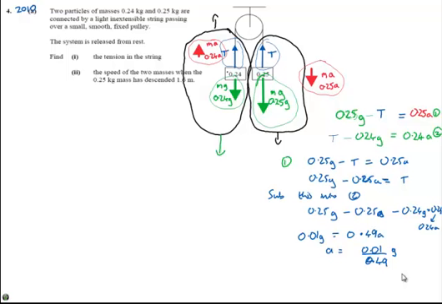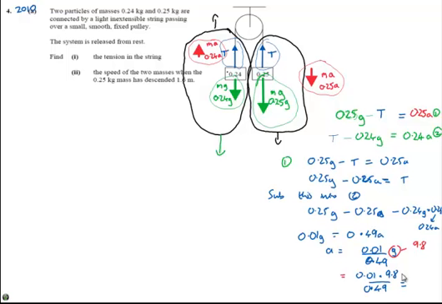Now, when I see 0.49 like this, I'm always thinking of it because it comes up quite a lot when we're dealing with G. At higher level, we take G as 9.8. 0.49 will divide into 9.8 exactly 20 times.